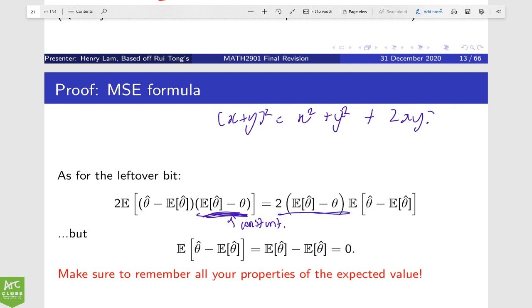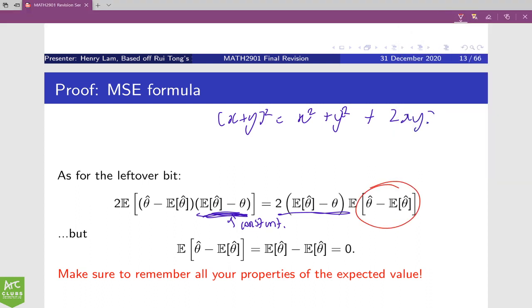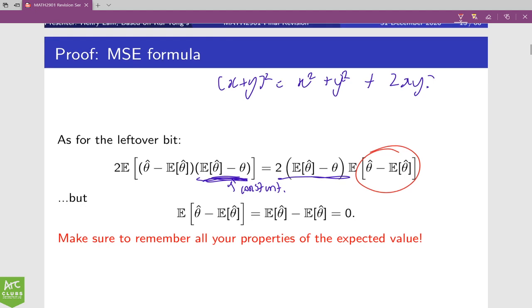So we can bring it out. This is what happens here. And the only random part now is this thing. But if you look at it closely from here, this itself is a constant, so you can bring it out of the expectation. So you just end up with the expected value of sigma hat minus a constant.